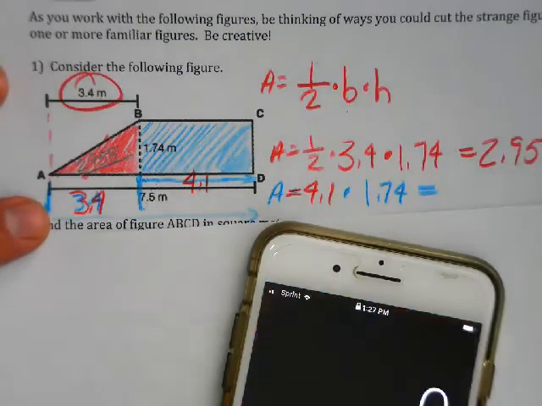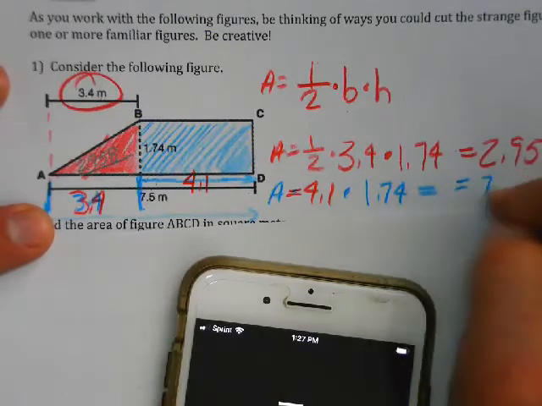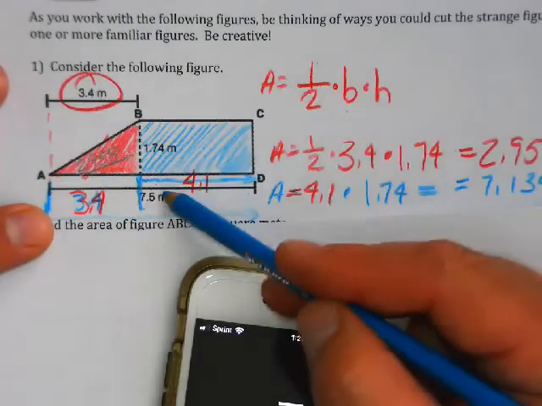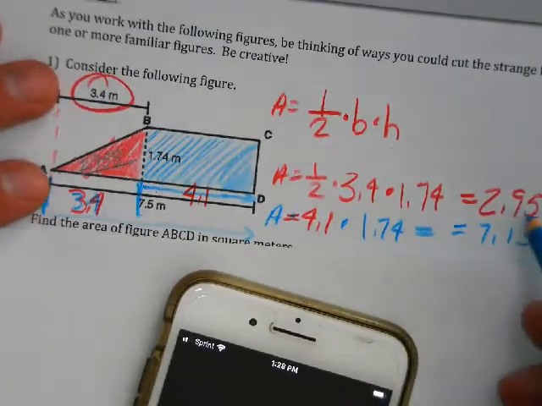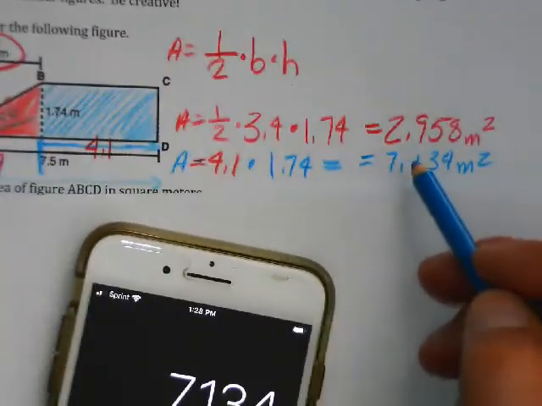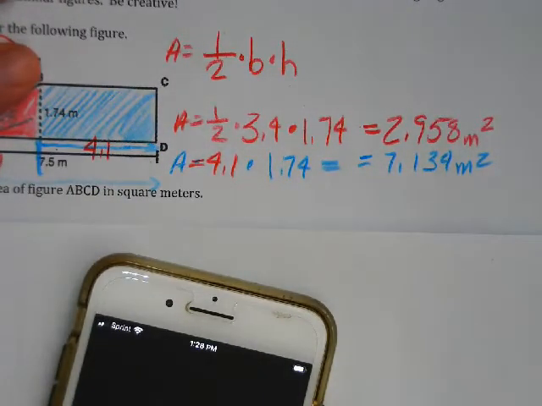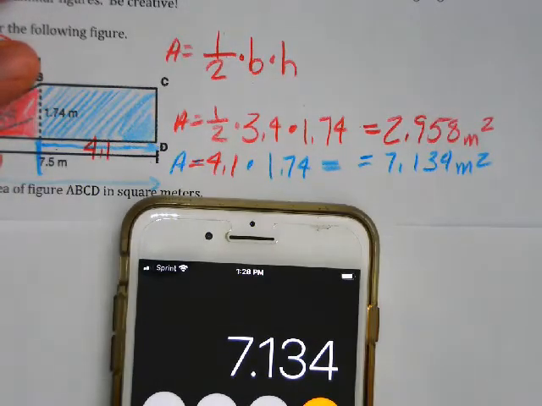We know this is 3.4 over here in the red zone. So wouldn't we take 7.5 as the whole and subtract 3.4 to find out the blue zone? So again, you can use your calculator. 7.5 minus 3.4 will give you 4.1. So we know this number is 4.1. So we know area equals 4.1 times 1.74.